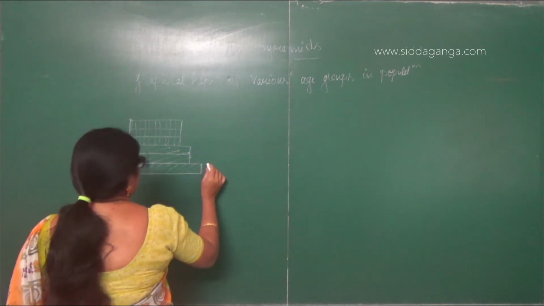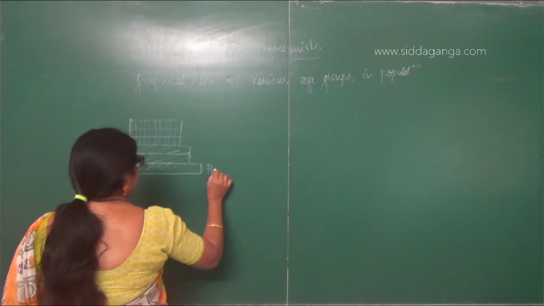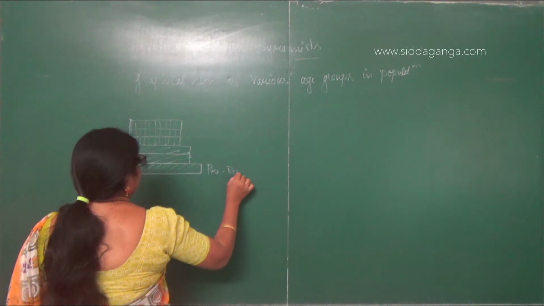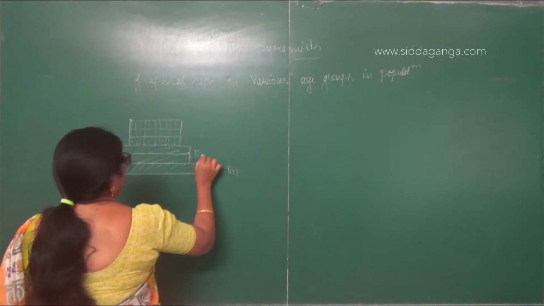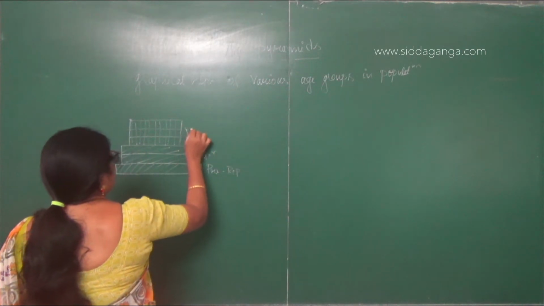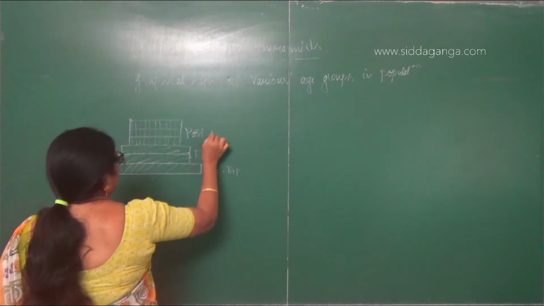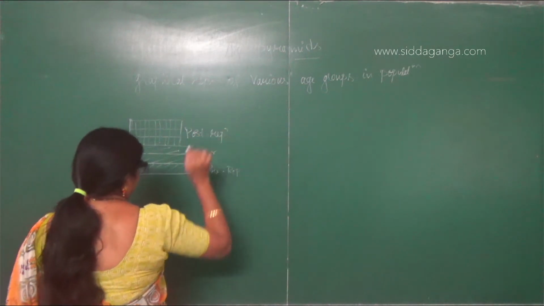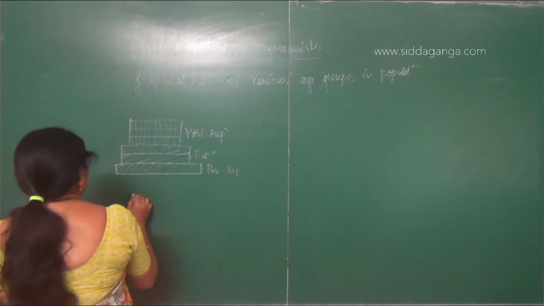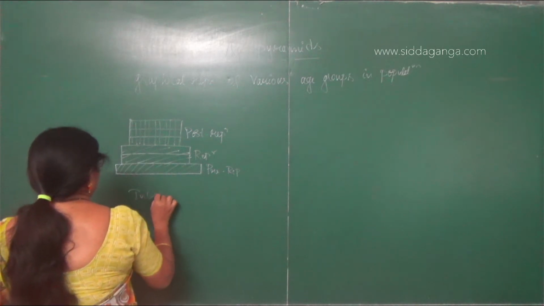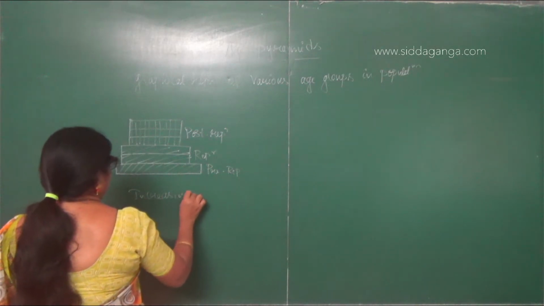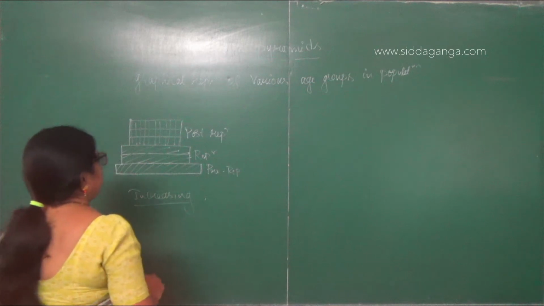So this is pre-reproductive group. So this is reproductive group and this is post-reproductive group. So this is called an increasing type of population. I'll come to that later. So let me finish the diagrams.